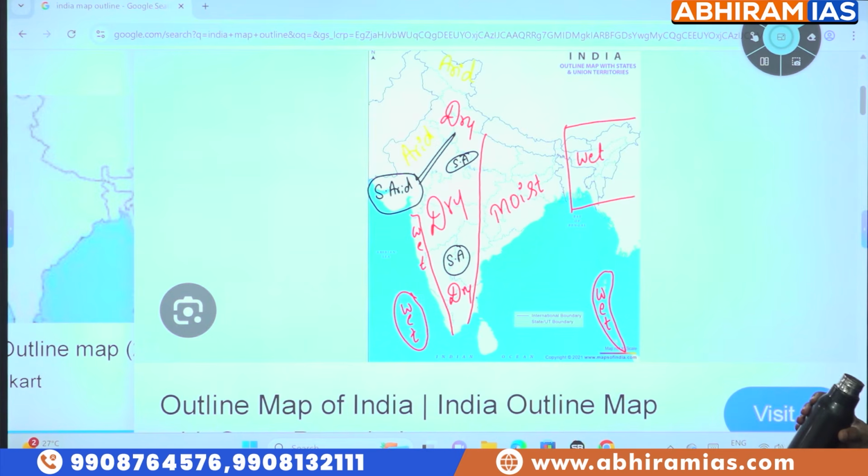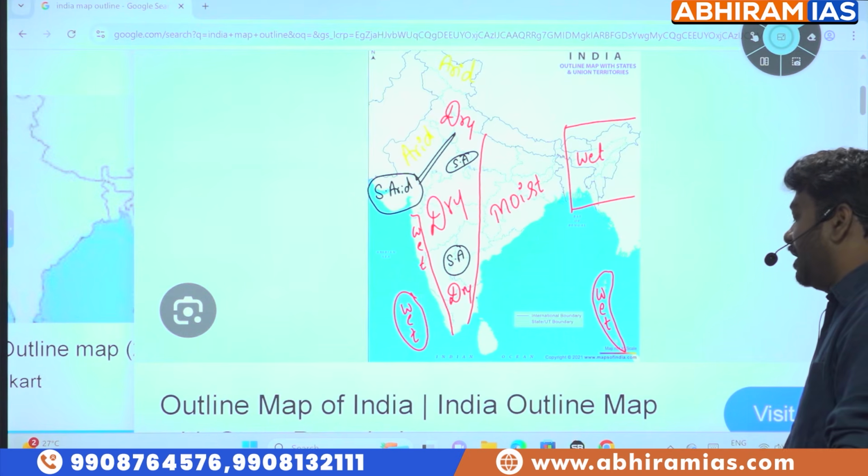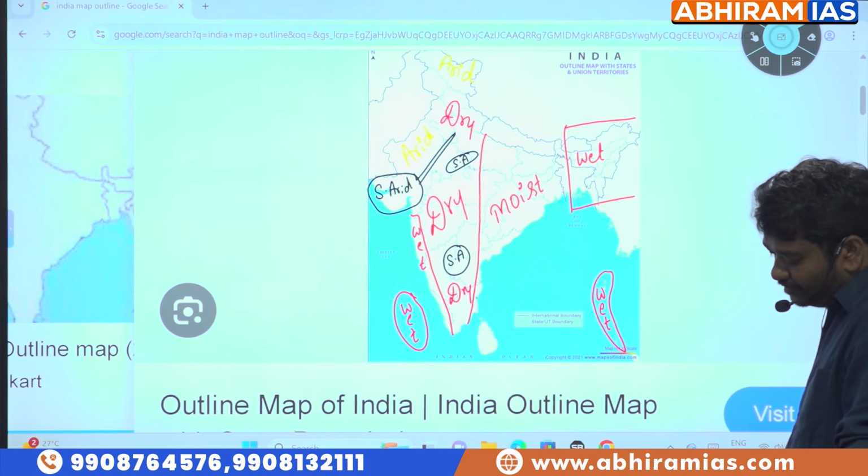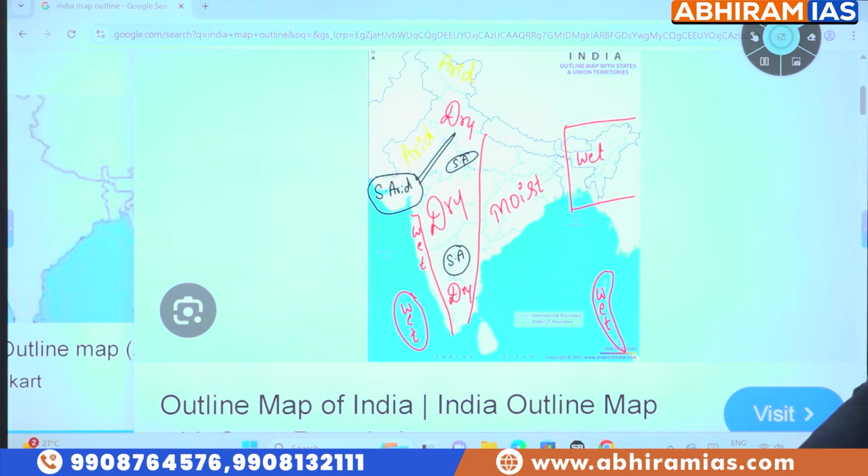Hyphen: Tamil Nadu, parts of Andhra, Karnataka, Telangana, Maharashtra, Madhya Pradesh, Eastern Rajasthan, Punjab, Haryana, Delhi, Uttar Pradesh.